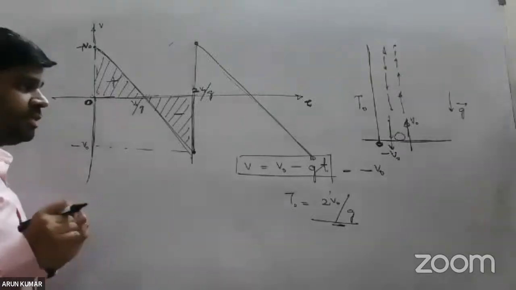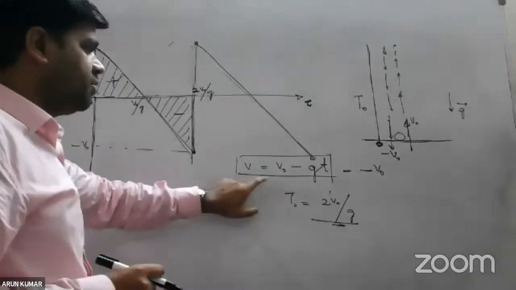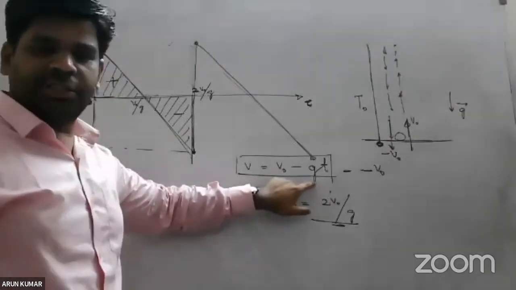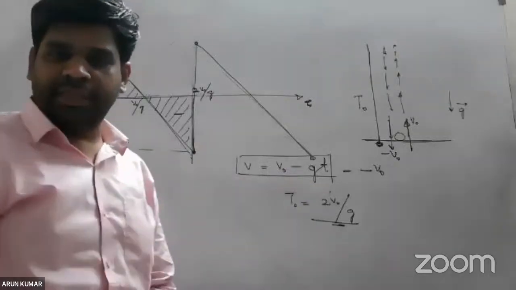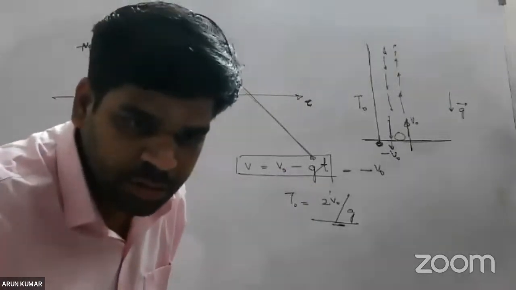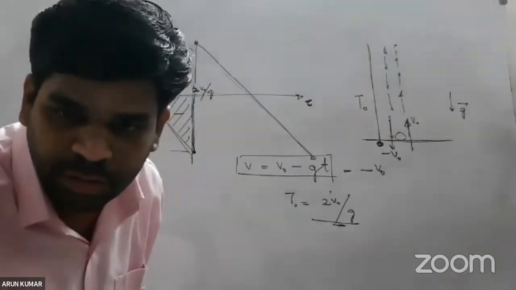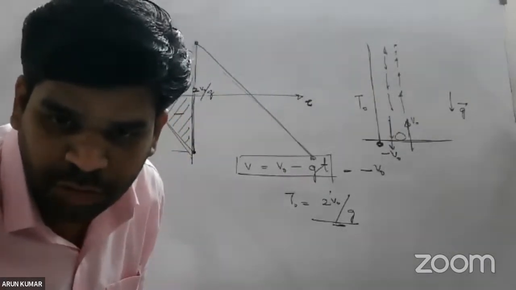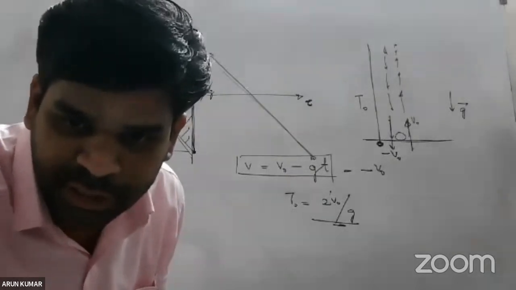All right, so I repeat the argument. First line I have drawn using the equation v is equal to v naught minus gt, y is equal to mx plus c. Yeah, Bhavana, what is it that you are asking?